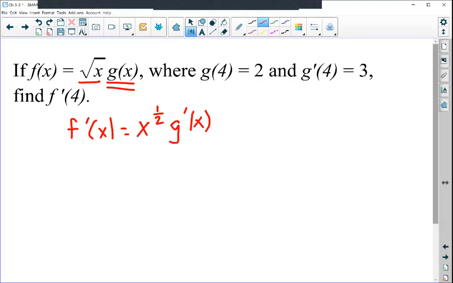The derivative of g of x is just g prime of x. Plus the second function times the derivative of the first, the derivative of x to the 1/2. Excellent.